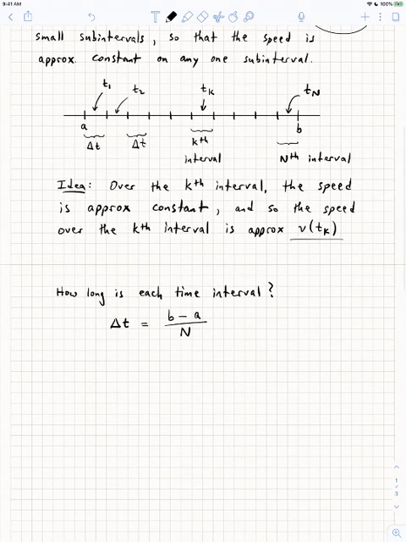So now we know the length of time that we're traveling, and we also know the speed that we're traveling, which is approximately constant on this interval.